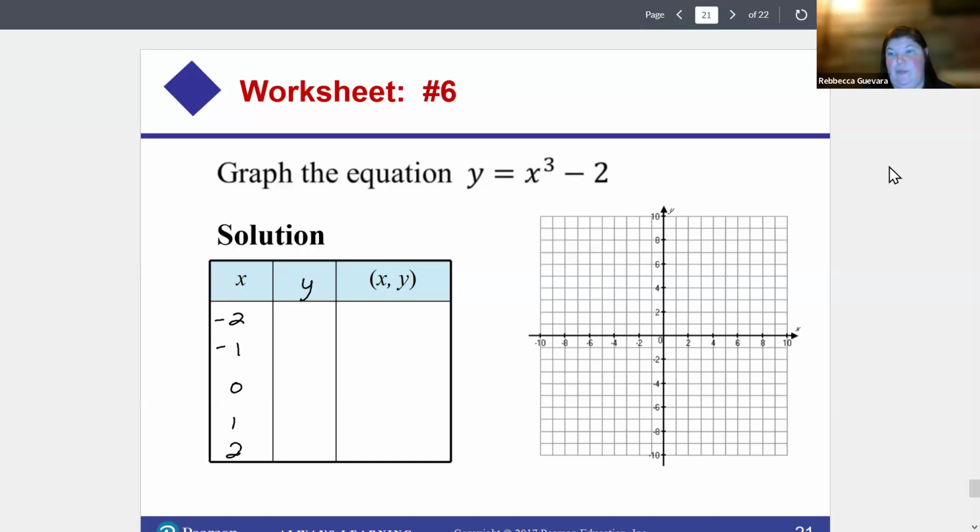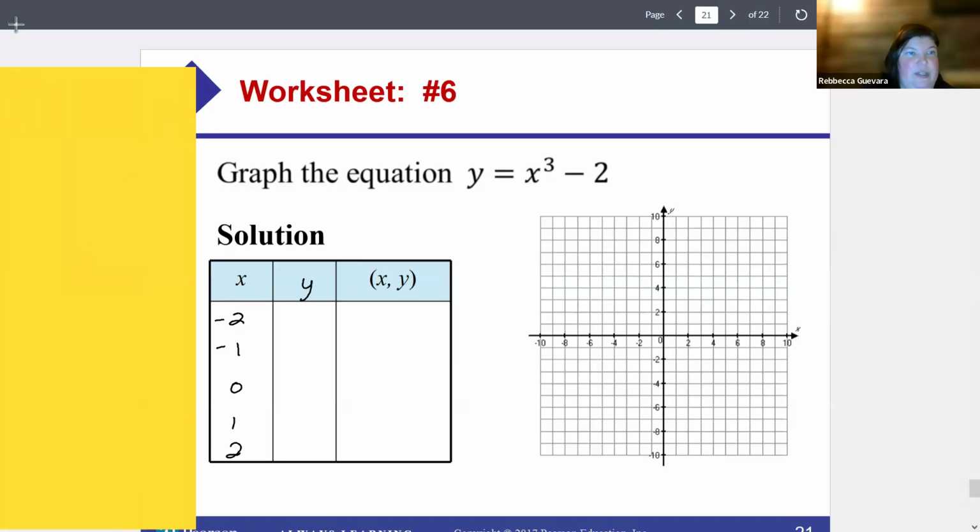Okay. So let me make my little area to fill my equations into. So we're going to say, once again, that x is -2, -1, 0, 1, 2. So when x is -2, y would have to be (-2) cubed.